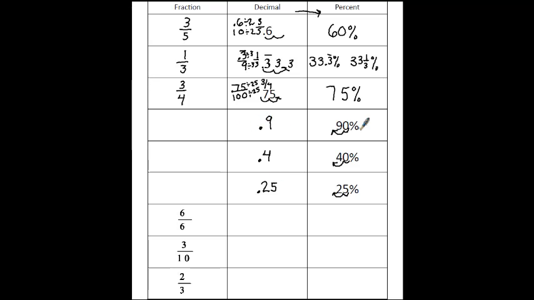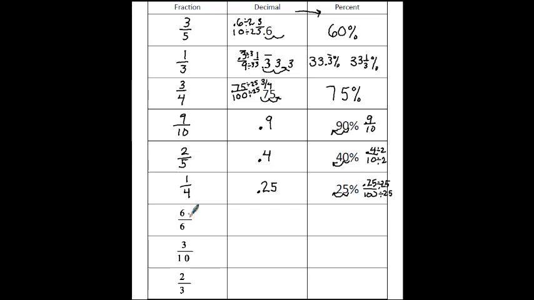And now that I change all those percents to a decimal by moving it away from the percent sign, I can change 9 to 9/10, which can't be simplified. 0.4 is the same as 4/10, so I could divide the top by 2 to get 2, divide the bottom by 2 to get 5. We could just see that 25 cents is equal to 1/4, or we could write 25 hundredths, divide the top and bottom by 25 to get 1/4.